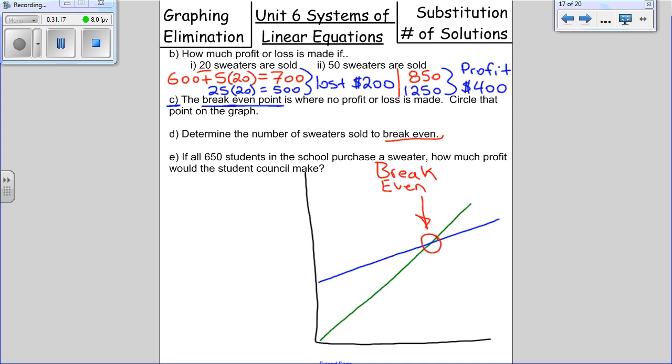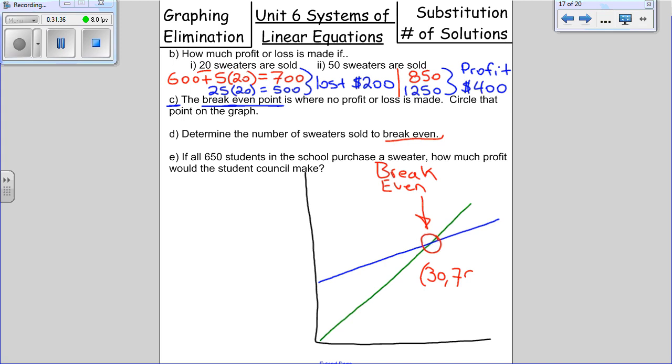What's the x value where they cross each other? 30. What's the y value? All right. That point, 30, 750, it means something.